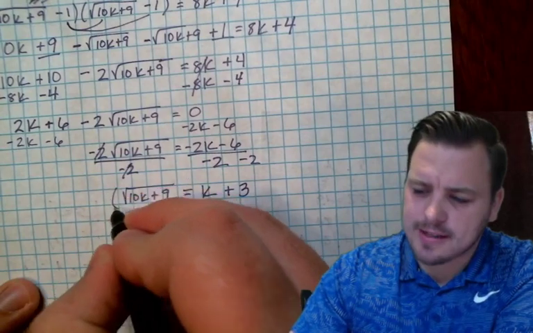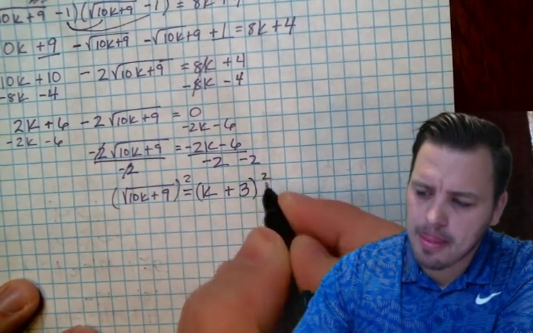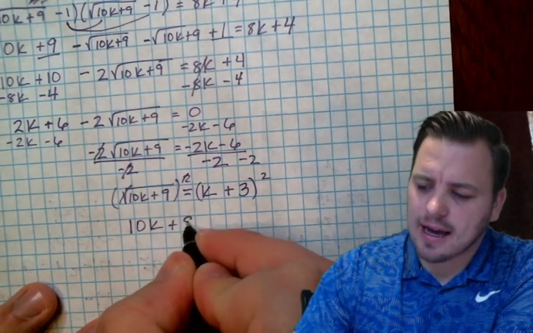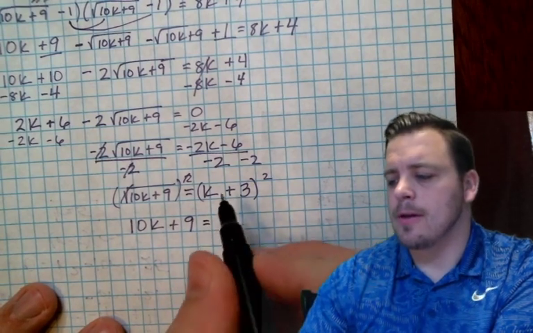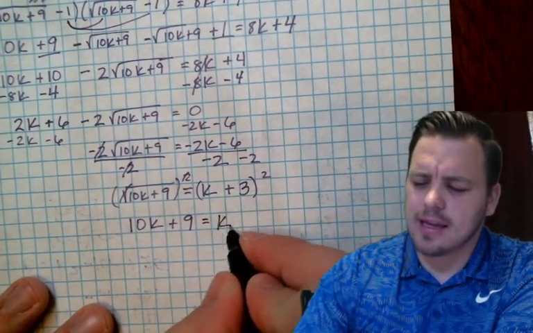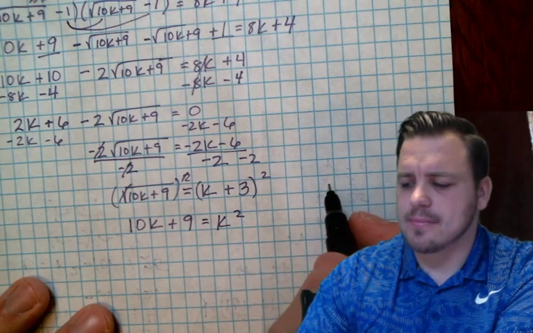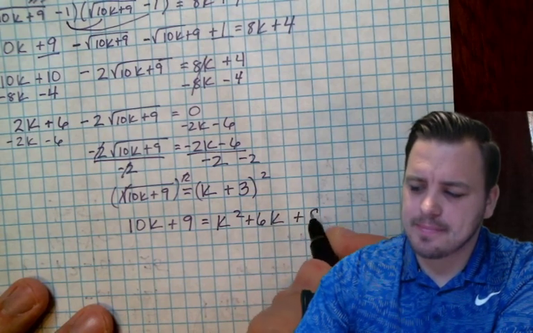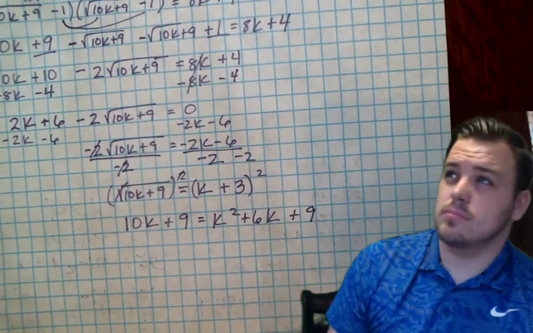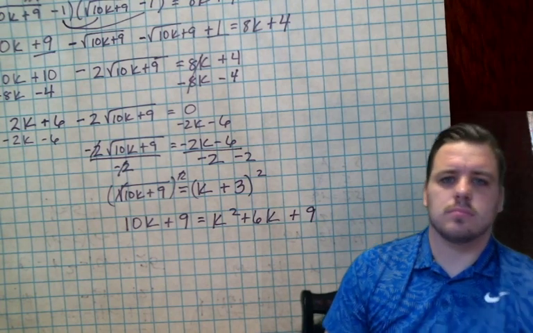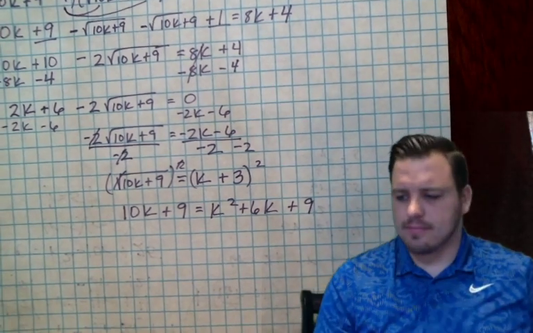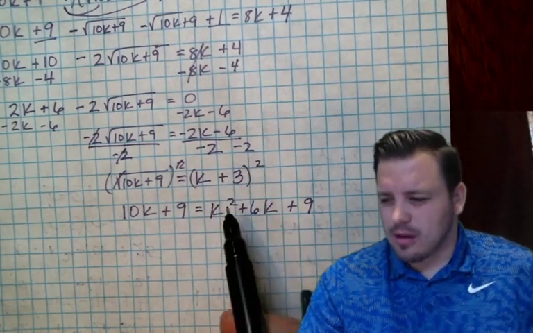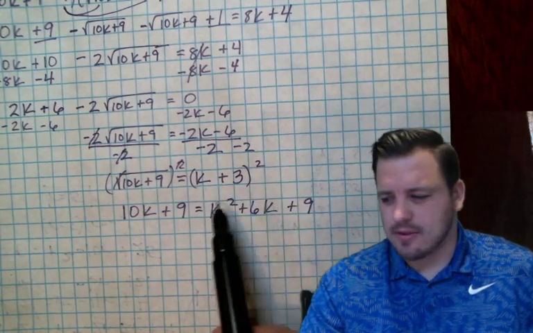Now we square both sides here. That cancels with that, and I'm left with 10k plus 9 is equal to k plus 3 squared, which is k squared plus 6k plus 9. Once we FOIL that out, hopefully you guys get pretty decent with FOIL, to the point where, especially with k plus something times itself, you can just do it in your head.